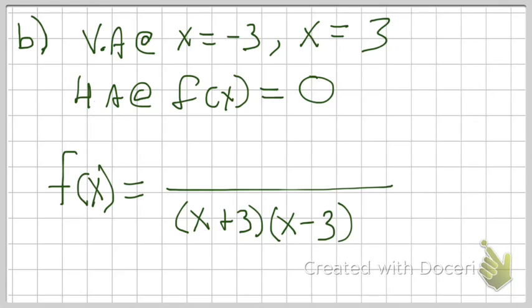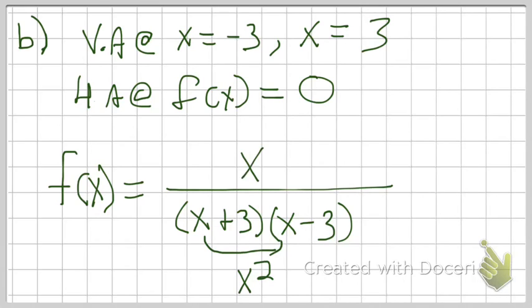Now, this gives me a second degree polynomial in the denominator, and to have 0 as a horizontal asymptote, I need the degree of the denominator to be larger than the degree of the numerator.